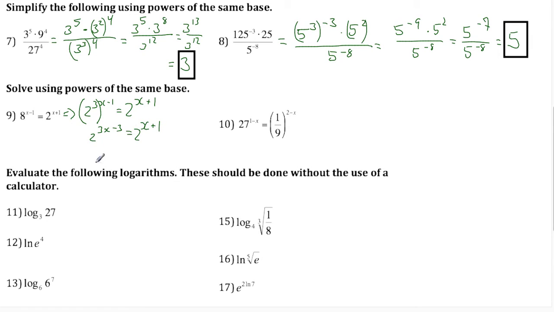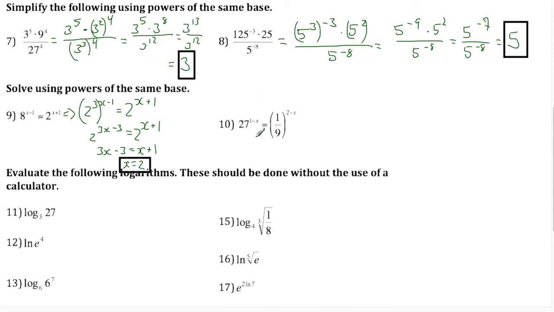Because the bases are the same, we can set the exponents as the same. So we get 3x minus 3 equals x plus 1. Running out of room here, so we'll just get 2x equals 4. So x equals 2. Nice and simple.